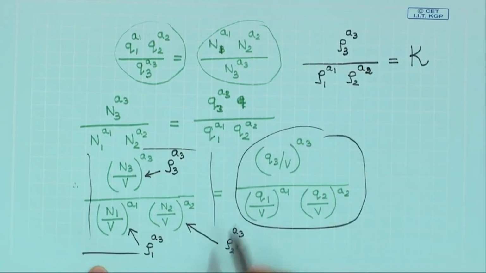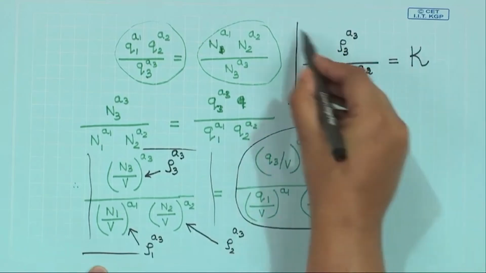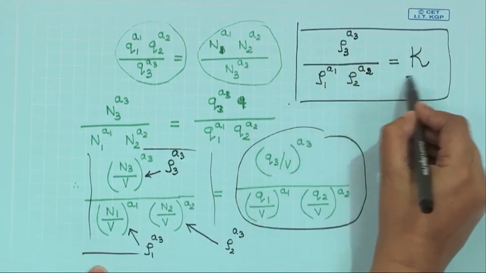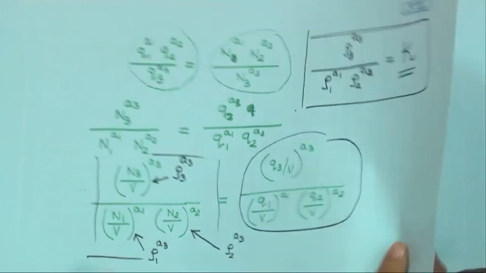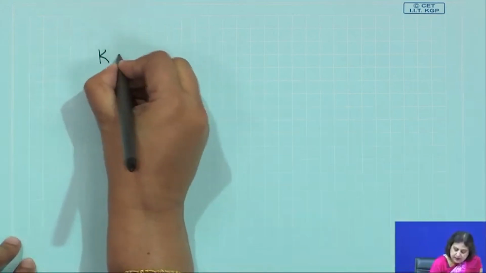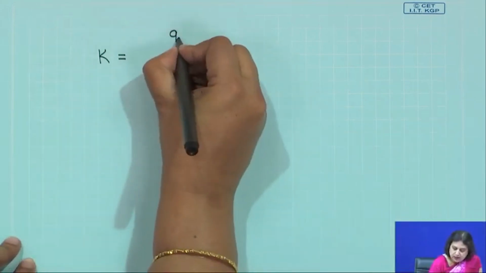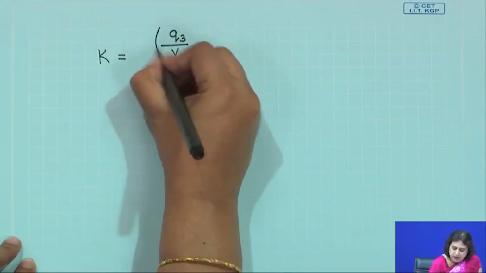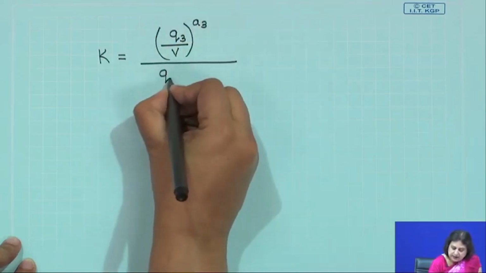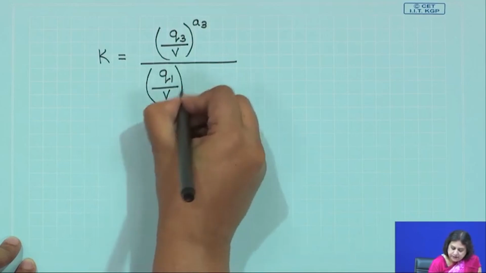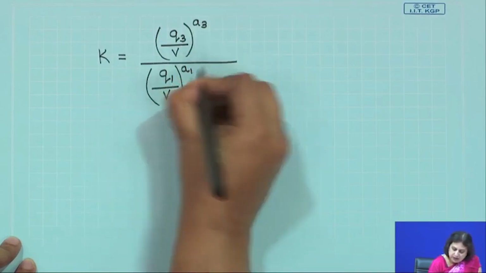So, now let us have a look at what happens to this ratio defined as K. In this particular case, capital K is given by q3 by V to the power of a3 divided by the same quantity written corresponding to the reactants.